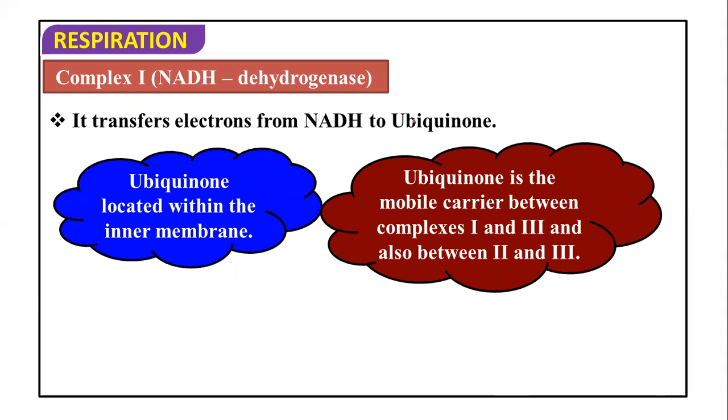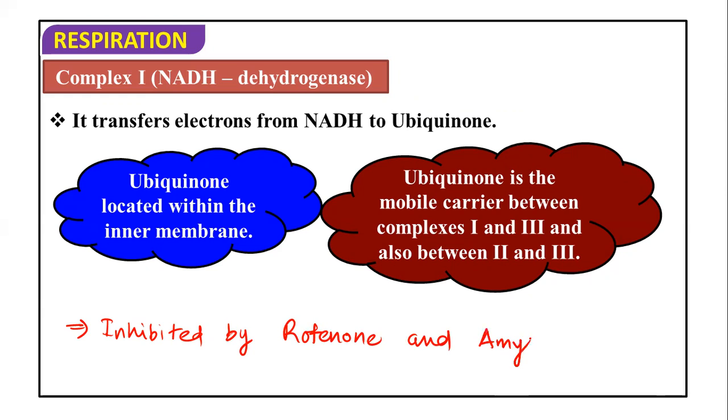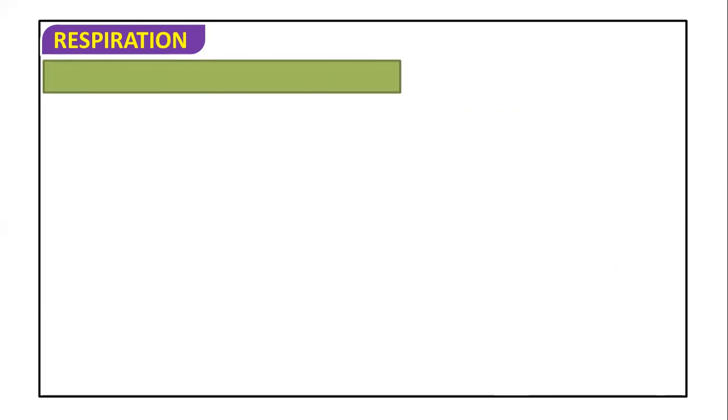Now we remember that complex 1 can be inhibited by inhibitors like rotenone and amytal. So these two are inhibitors of electron transport through complex 1.